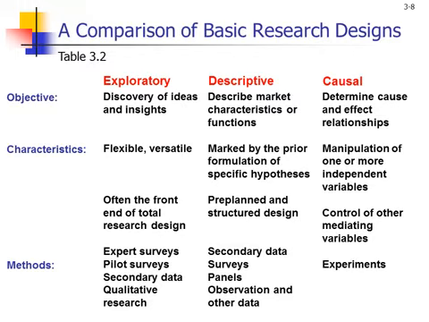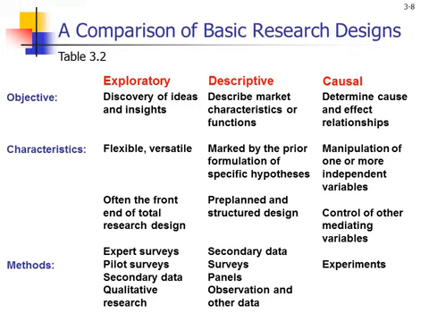In causal research, the objective is to determine the cause and effect relationships. In the comparison of the characteristics of these three types of research, in exploratory research, characteristics are flexible and versatile, in descriptive research, characteristics are marked by the prior formulation of specific hypotheses, and in causal research, characteristics are manipulation of one or more independent variables and control of other mediating variables.